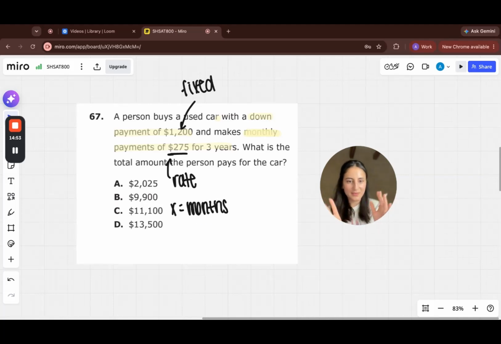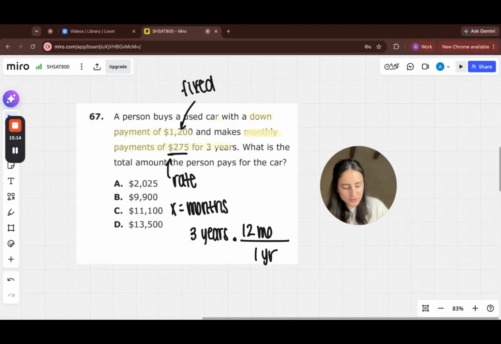So to find the number of months here, we first know that we have 3 years. Now, how many months are in a year? There are 12 months in 1 year, right? So we can go ahead and multiply 12 months like this. And don't worry too much about unit conversion.